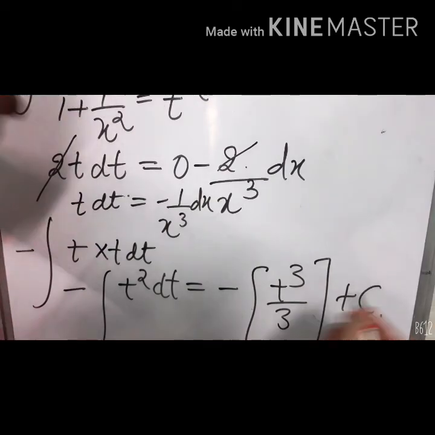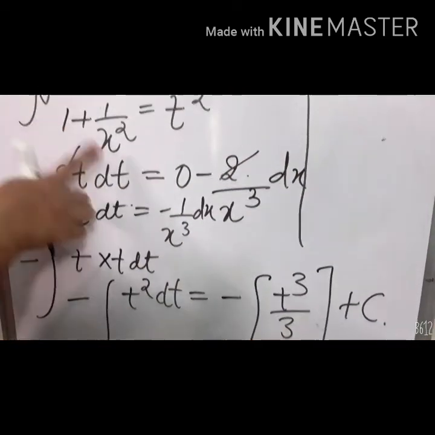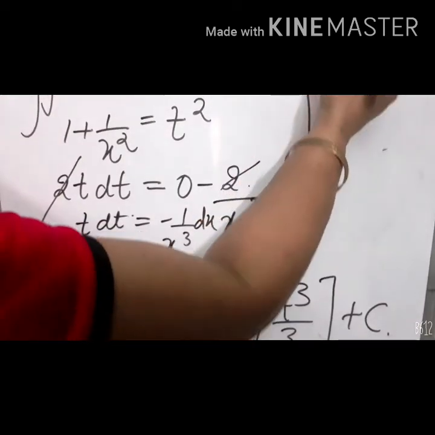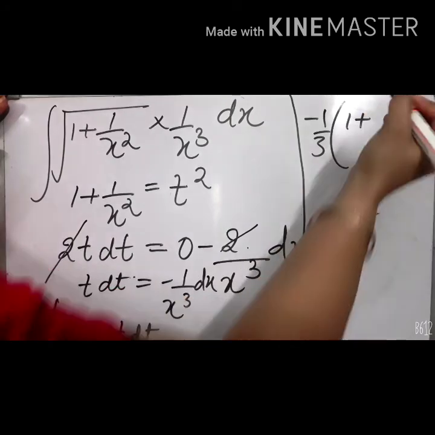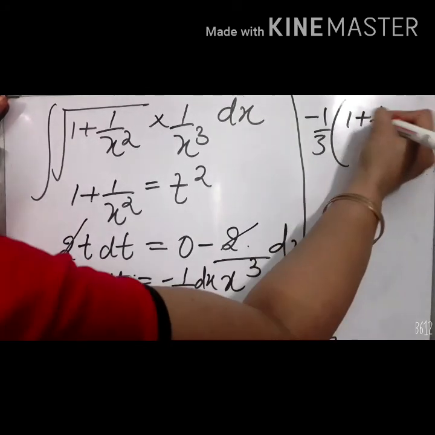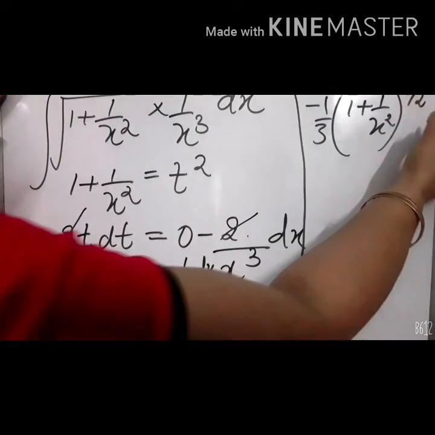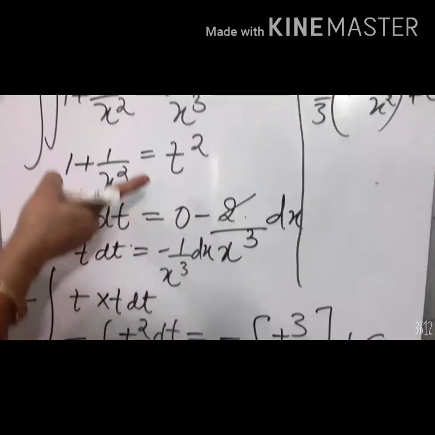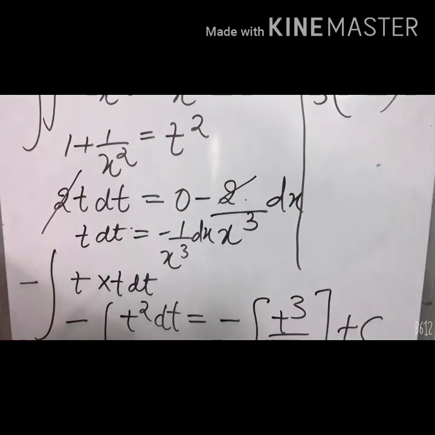General integration, nothing else. Now keep the value. T ka value is this: minus 1 by 3 into 1 plus 1 by x square to the power 3 by 2 plus c. Why 3 by 2? Because we took t square, so it will be under root only.